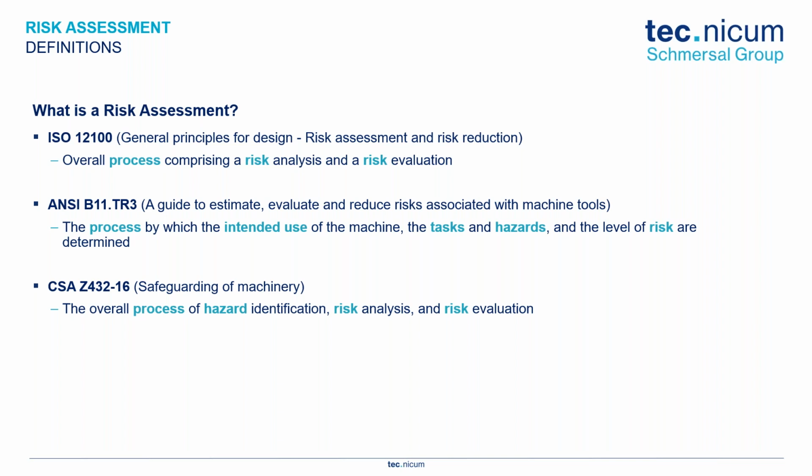All right, so now that we have all three on the screen, let's take a closer look at them, right? In all three of these definitions, we see that the risk assessment is a process. We see that in all three of these definitions, they mention the idea of a risk, right? We want to evaluate, analyze a risk. And on the ANSI and the CSA definition, they even go as far as saying hazard, right?